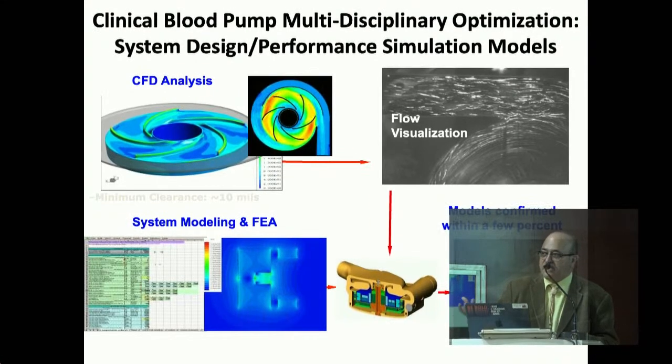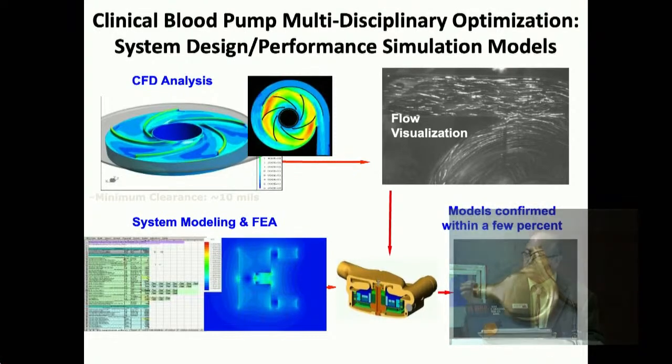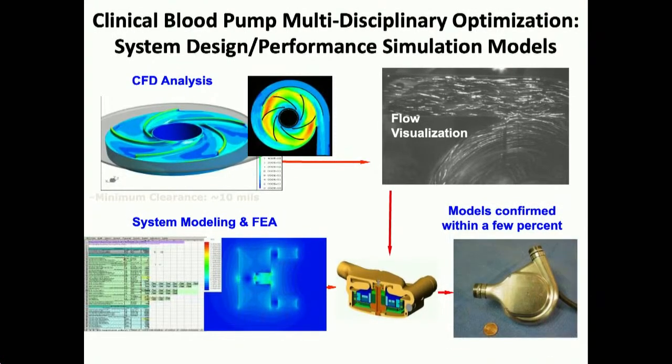So we have to design it so that the blood cells are happy, or not as stressed, let me put it that way, as it goes through our pump. Then of course we did flow visualization. We seeded with red blood cell-sized particles. We shone a laser on it, and we just had a transparent model built.